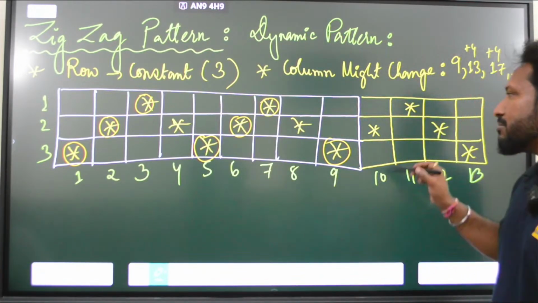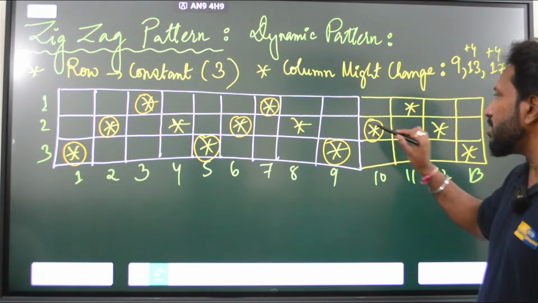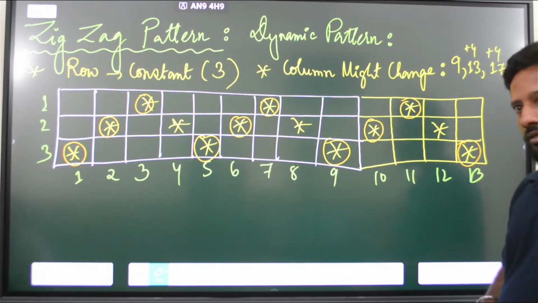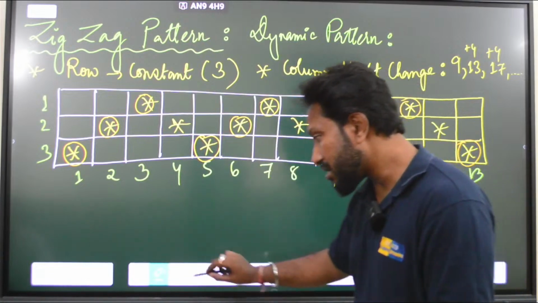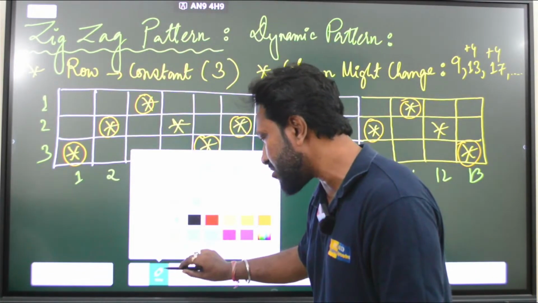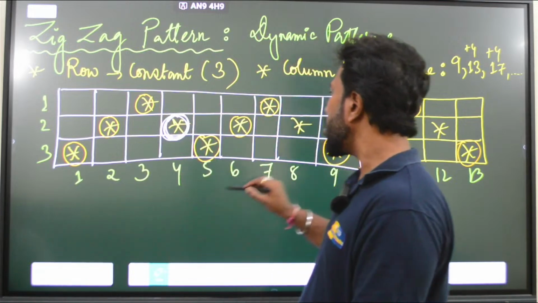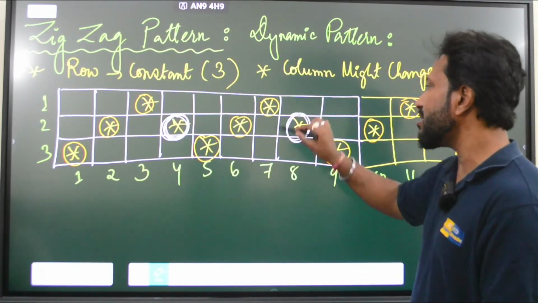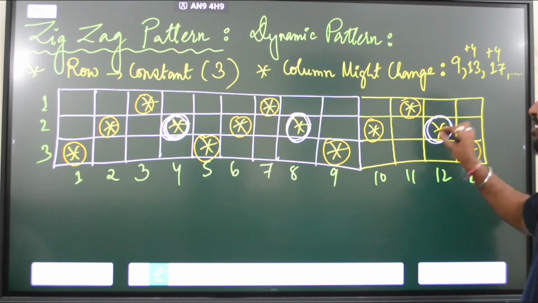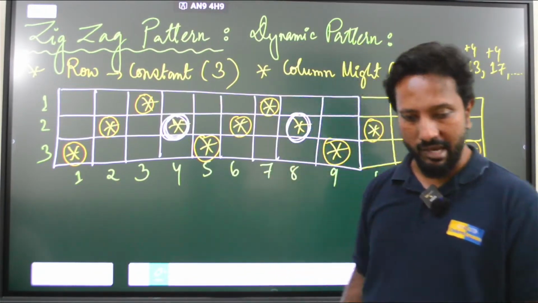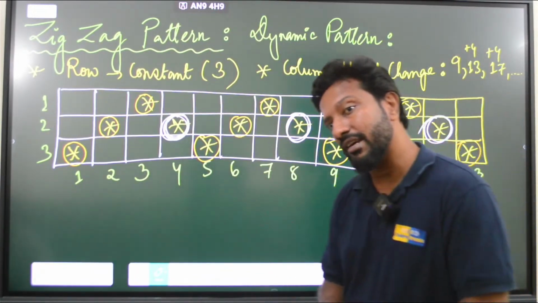Again, I am circling this one, and this one. But I am not taking this one. I will take this differently, this I will take differently, this I will take differently. I will tell you the reason behind that. What can be the reason behind that?